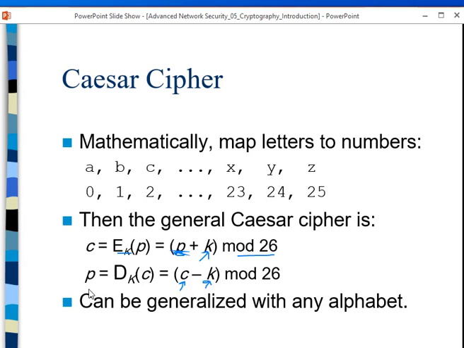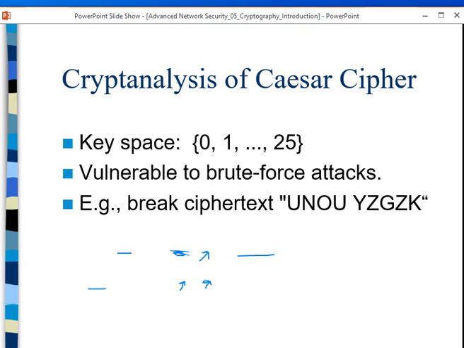Hence, you can get your plain text. Note that this method can be used for any alphabet. Anyway, as we said, the key space for this method consists of only 26, and the Caesar cipher is vulnerable to brute force attacks.